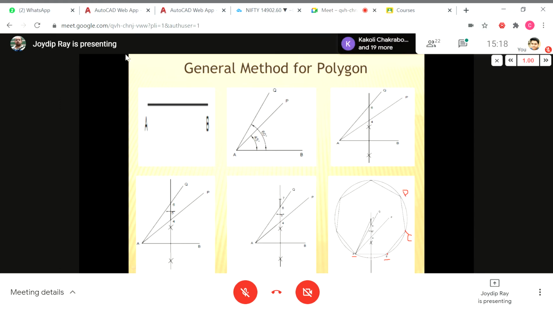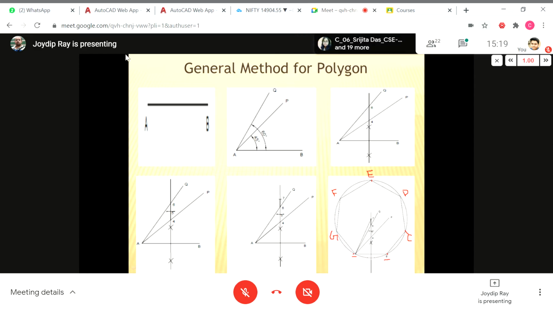Similarly, place your compass at point number D. Measurement is 50 millimeter, that means AB or B to C or C to D. Cut this circle here. You will get point number E. In this manner, you will get point number F, point number G also.